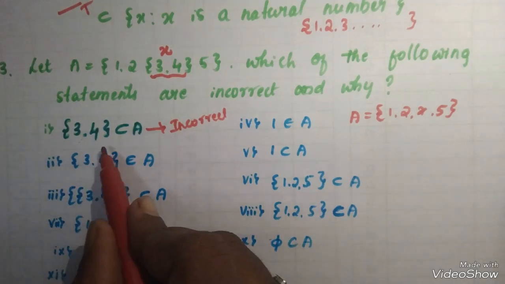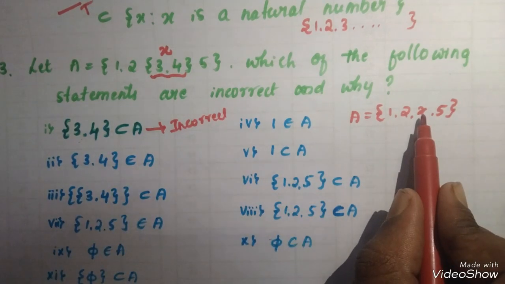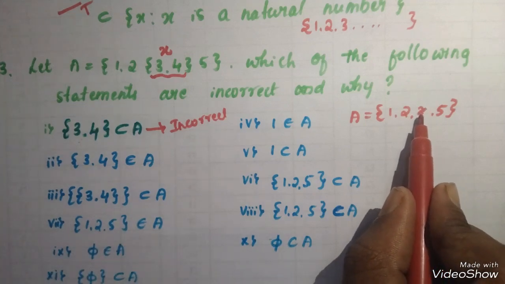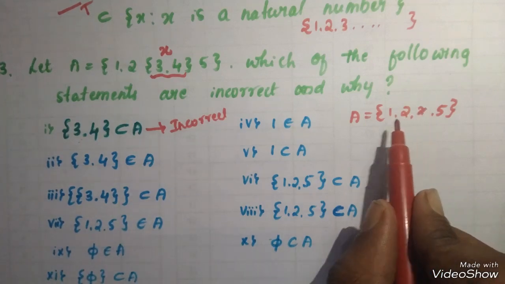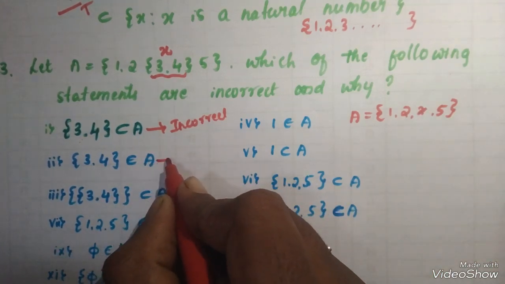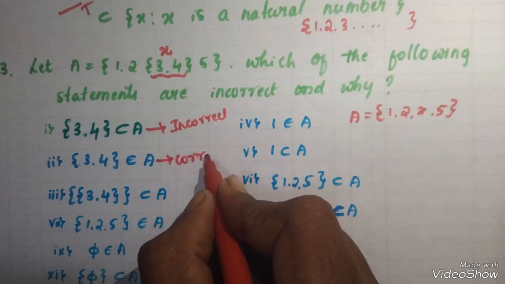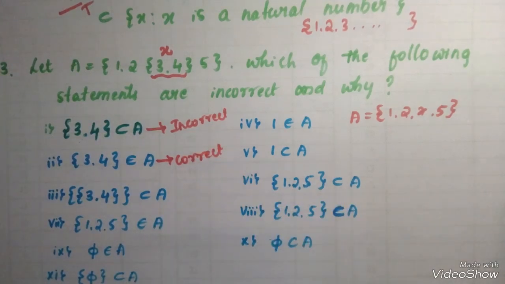Now check the next one. {3, 4} is an element X. There is an X containing the elements 3, 4. Hence it is a correct statement. I replace {3, 4} by X. Therefore it is a correct statement.